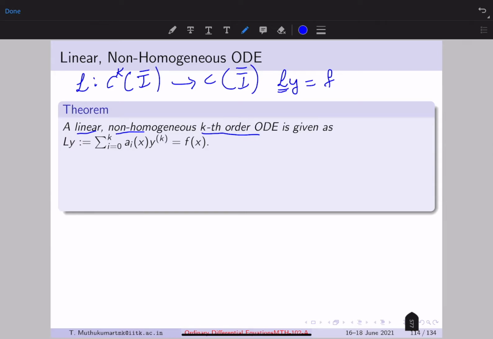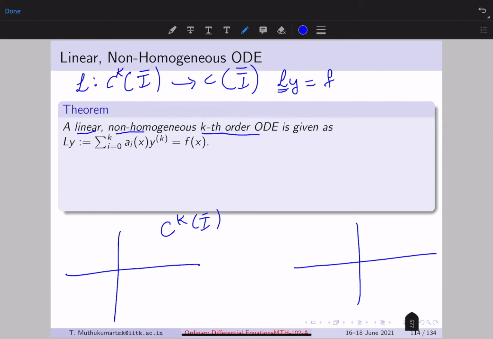I have already explained in my previous lecture that you can think of a vector space as a set. So suppose this is C^k of I, and this is C of I, then this differential map L goes between them.